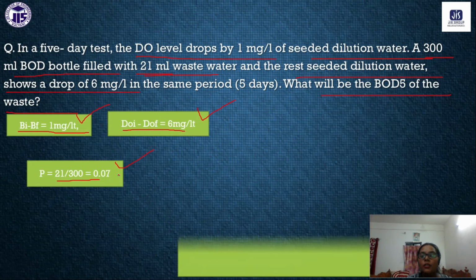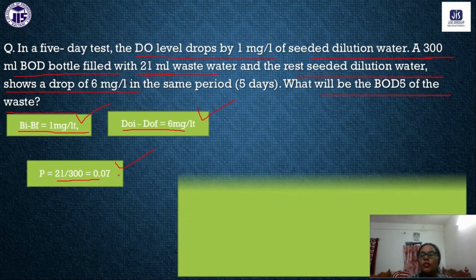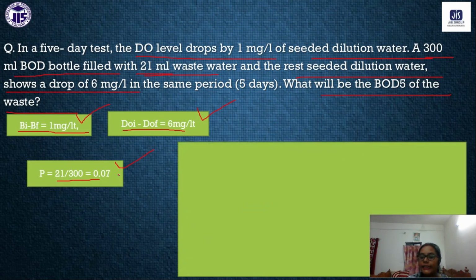Okay, now how to solve this? For this we have to use the modified BOD test equation. So this is the actual equation: 6 minus 1, because DOI minus DOF, into 1 minus 0.07, where 0.07 is the P value, divided by 0.07.